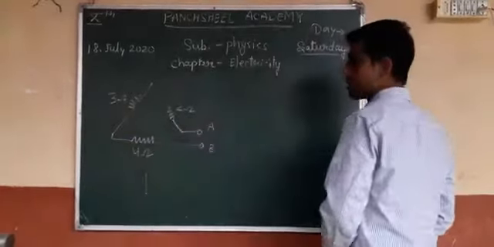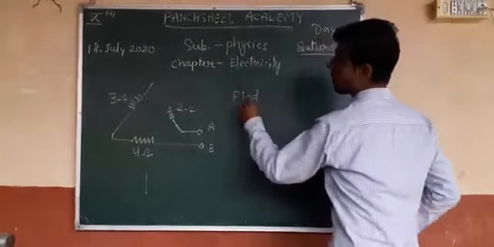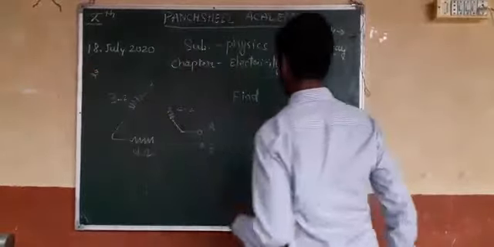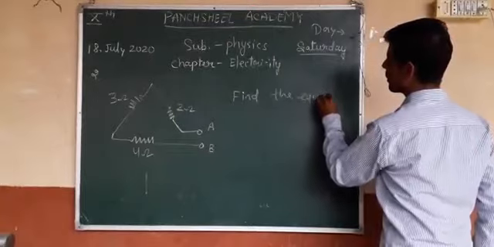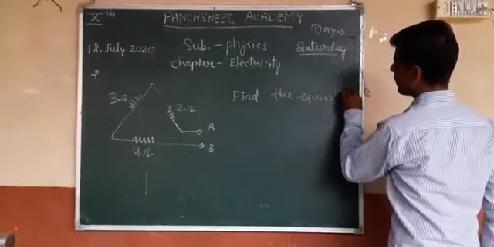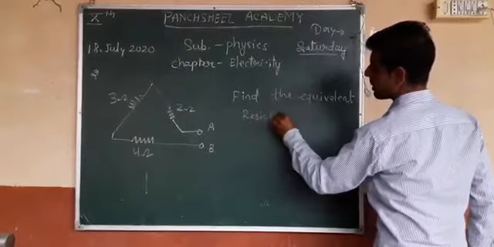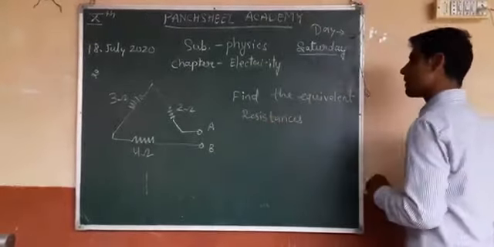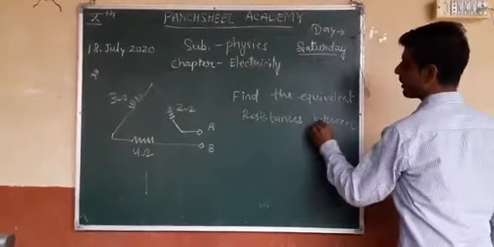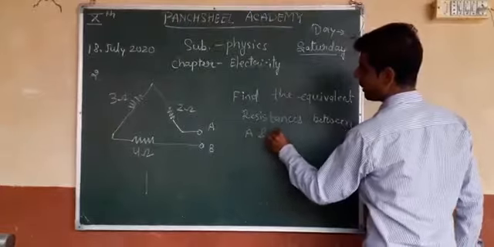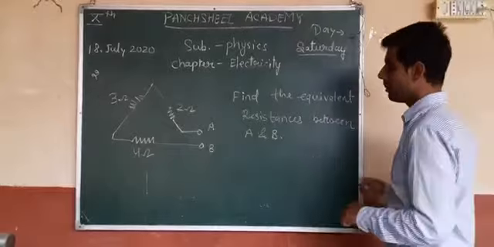So what is the question? Numerical number 2. Find the equivalent resistance between A and B.